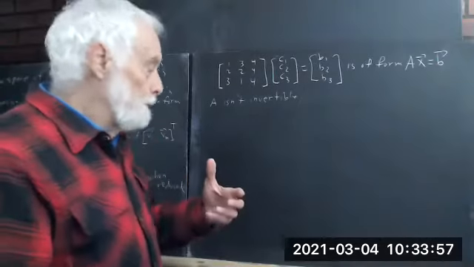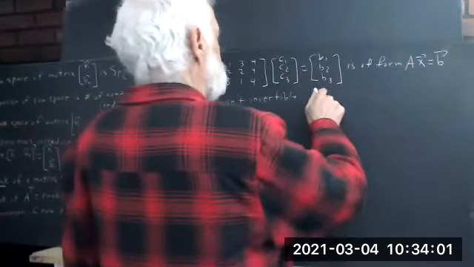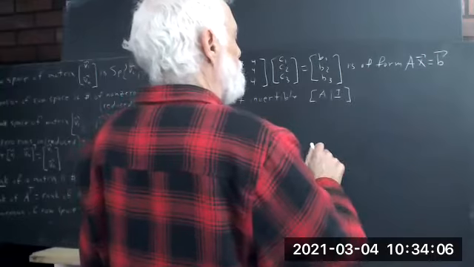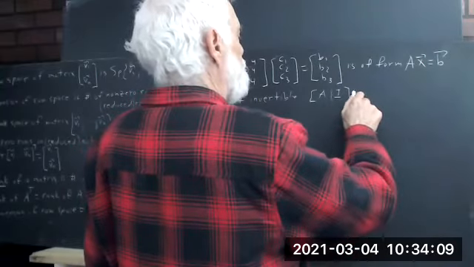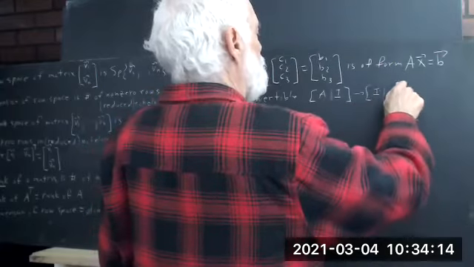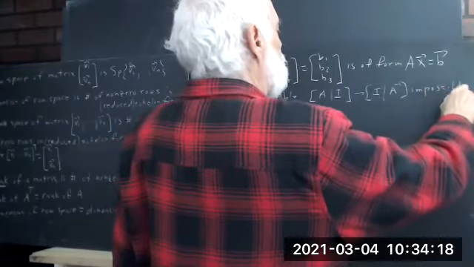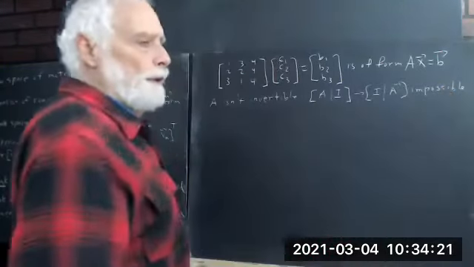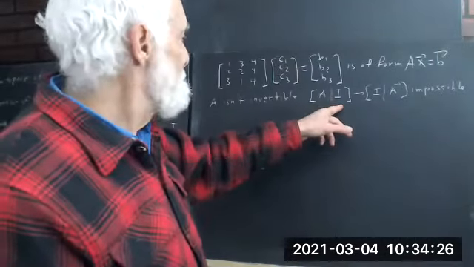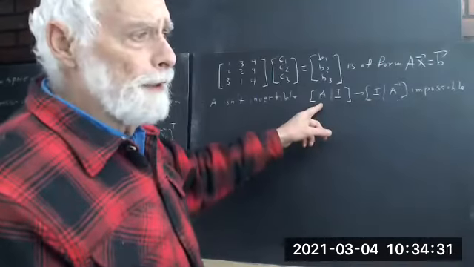It's not invertible because it's impossible to reduce the augmented matrix A with the identity to identity A inverse, because A doesn't reduce to the identity.